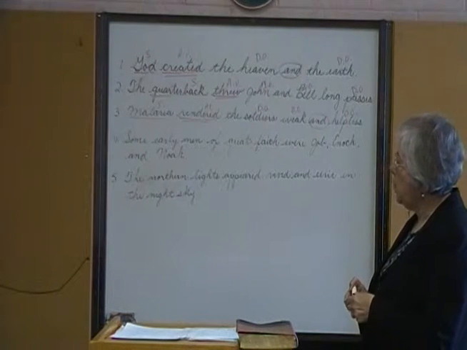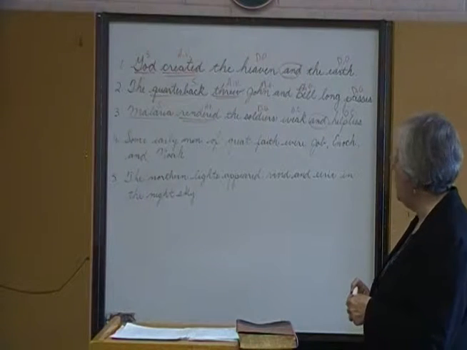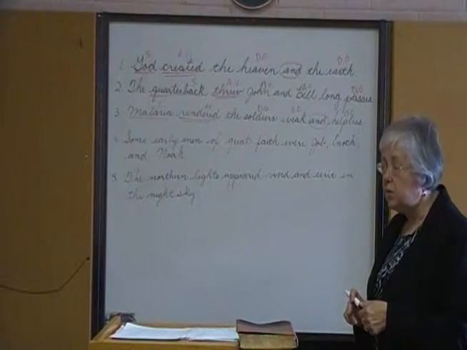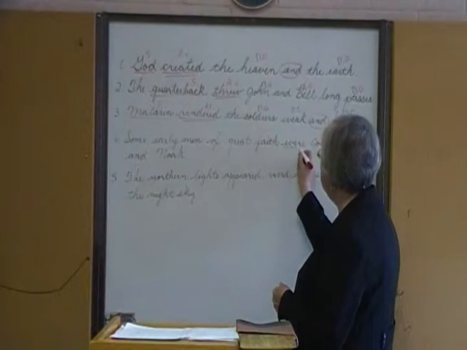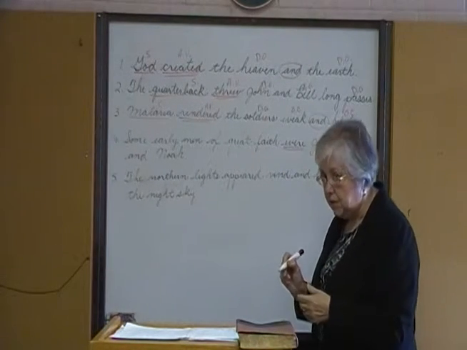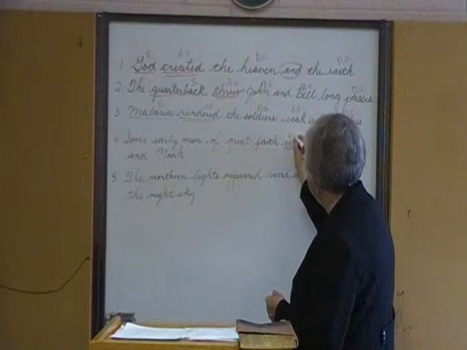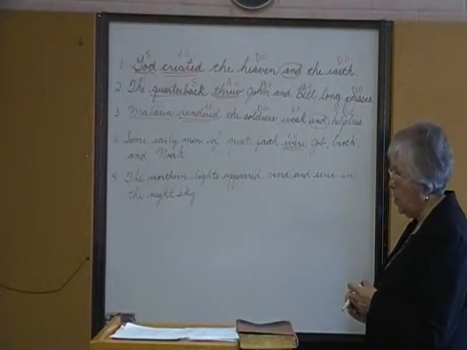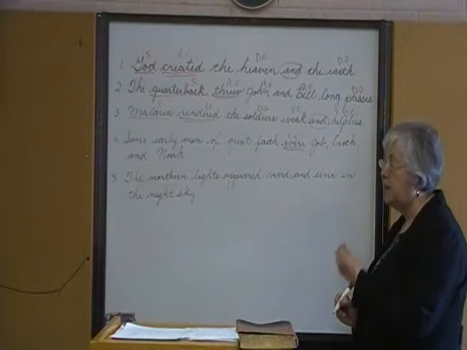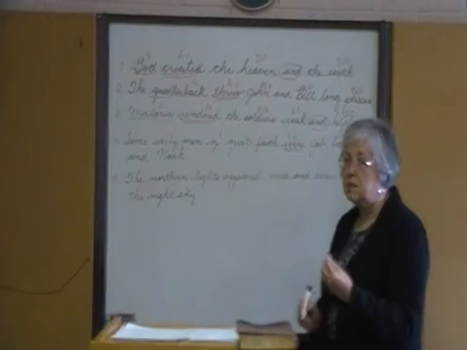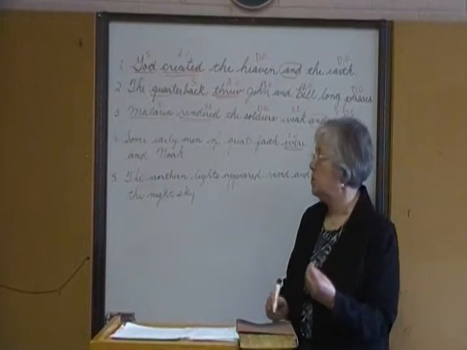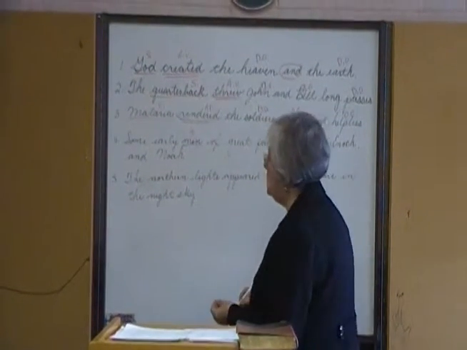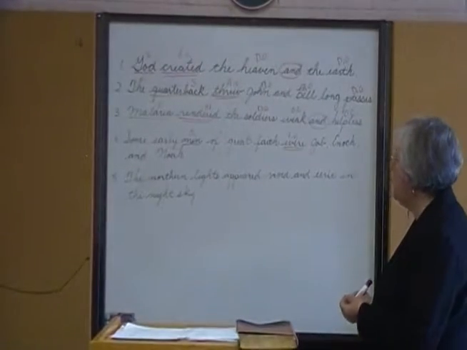Number 4, some early men of great faith were Job, Enoch, and Noah. What is the verb? Were. What kind of verb? Linking verb. All right, who or what were? What is the subject? Now be careful. Remember I said subjects are never found in prepositional phrases. Men is the subject of the sentence. Men were.